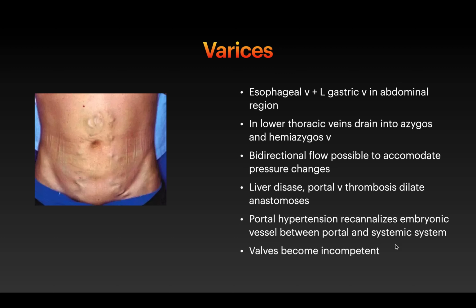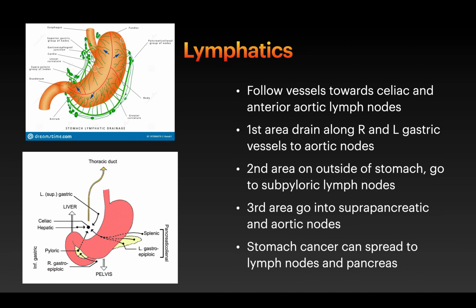So it's basically like opening up an old sewer system. I mean, it still works, but the valves have become incompetent. So this is not really an effective fix in the long run, because with usage, it can also create more varices.